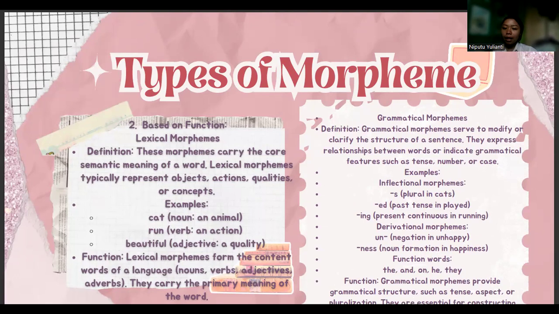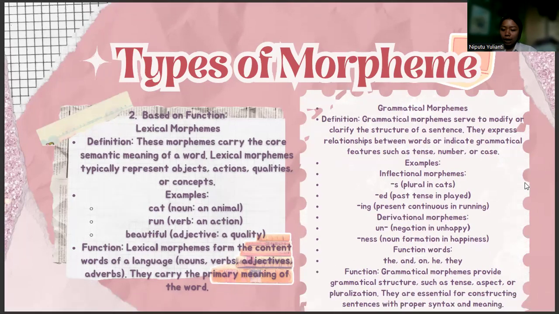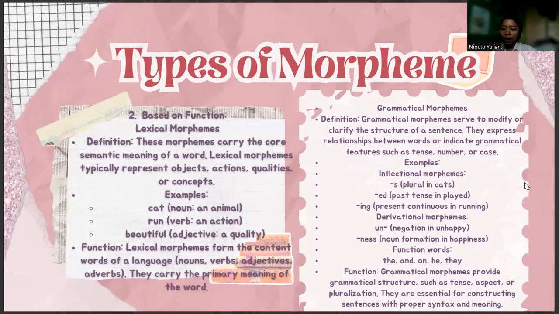For example, inflectional morphemes: the ending -s, plural in cats; the ending -ed, past tense in played; the ending -ing, present continuous in running. Derivational morphemes: the beginning un-, negation in unhappy; the ending -ness, noun formation in happiness. And function words: the, and, on, he, they.